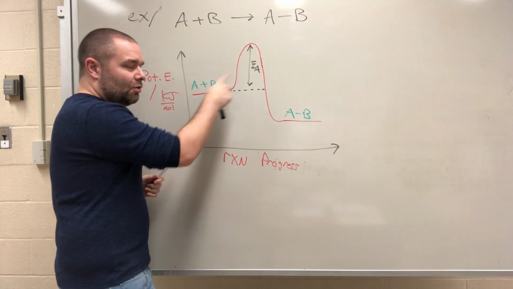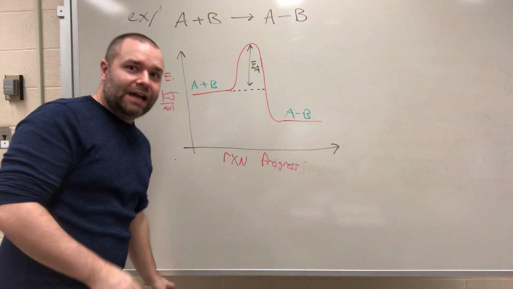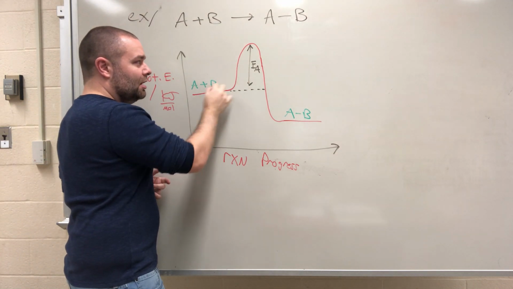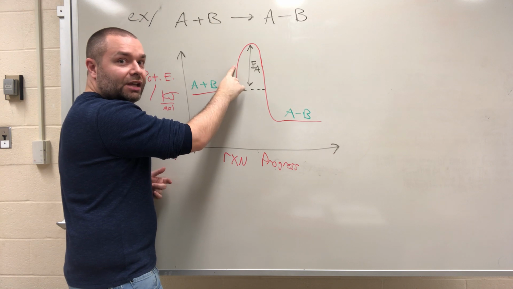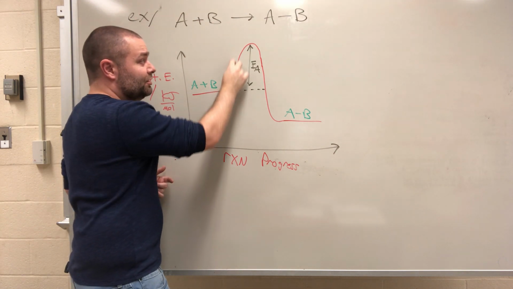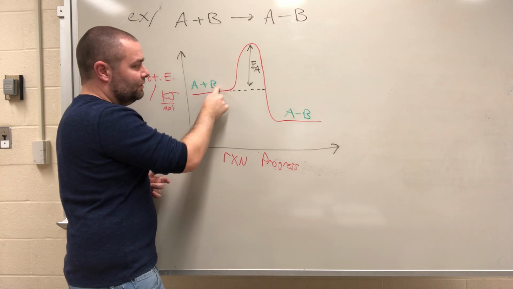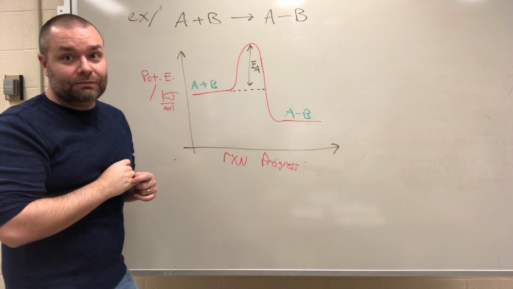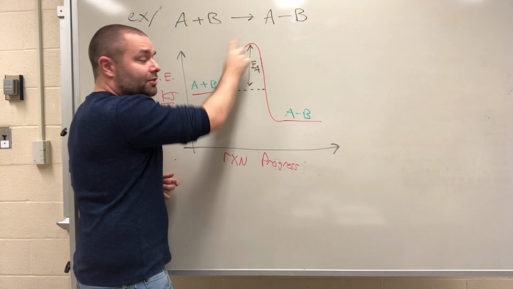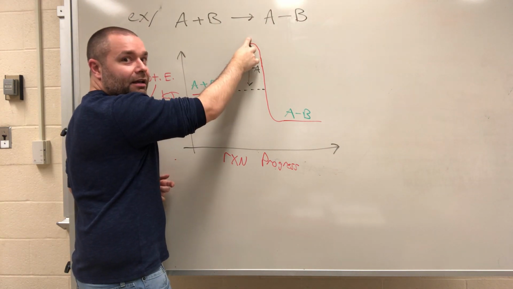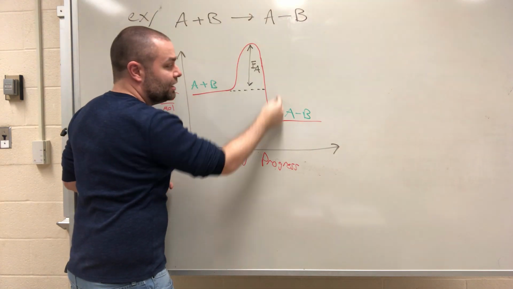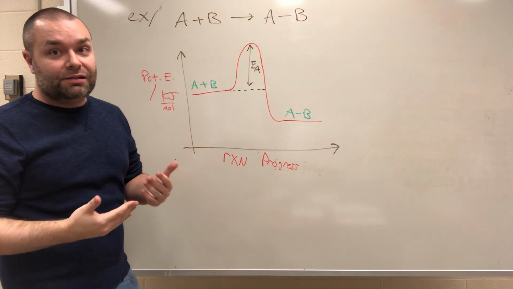So imagine you don't have enough energy with a collision to actually get over the hill. What's going to happen? A and B are going to bump into each other. Maybe they have this much energy, and they're going to fall back down to A and B. Maybe they hit each other with more energy, they come here. Nope, they're still going to fall back down to A and B, all right? If they have enough energy to overcome the activation energy, if they have just E sub A, they still might fall back down this way, but it's the first instance where they could fall to the product side.